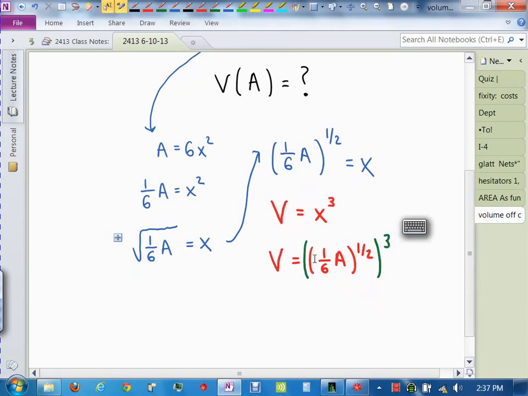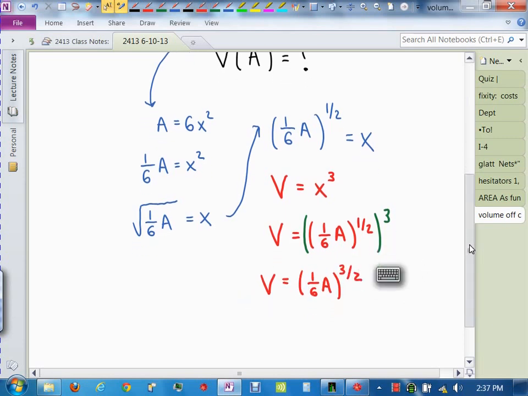And what do you have when you have something to a power to another power? What do you do to these powers? You multiply them. So our volume is actually 1/6 A raised to the 3/2. And that is a pretty clean formula right there.